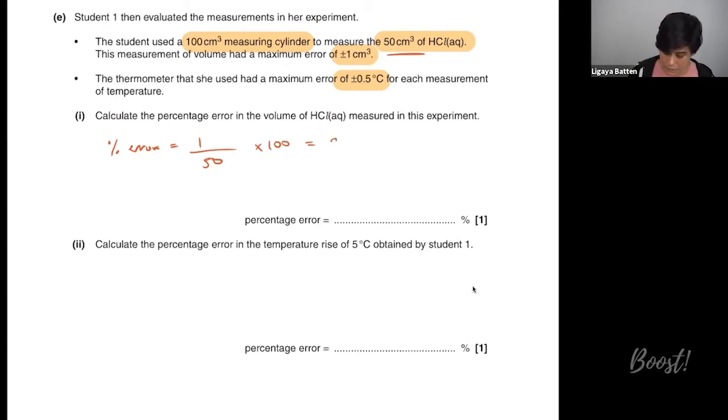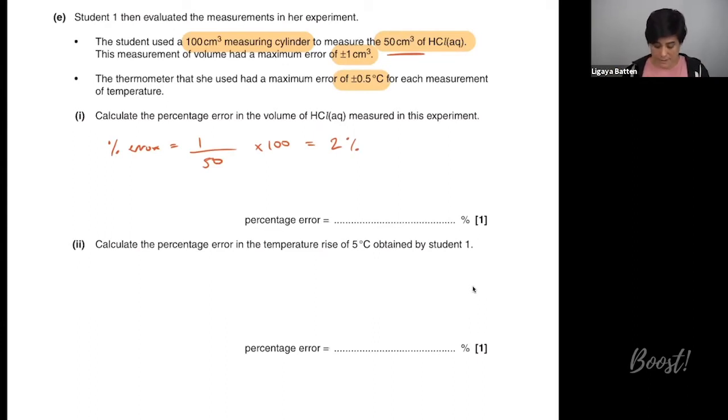So I get 2 for that. So our percentage error here is 2. We're using the uncertainty value for the measuring cylinder and the measurement that we took, which was 50 centimeters cubed.